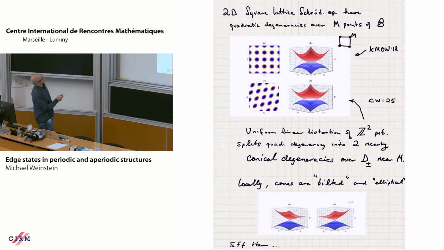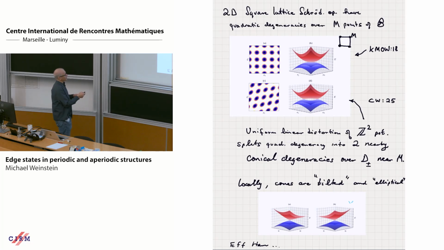Here's another example. In 2D square lattice media, take square lattice potentials. This is an intensity plot of a square lattice potential. One finds that there are quadratic, not conical, but quadratic touchings of dispersion surfaces over the vertices of the square Brillouin zone.